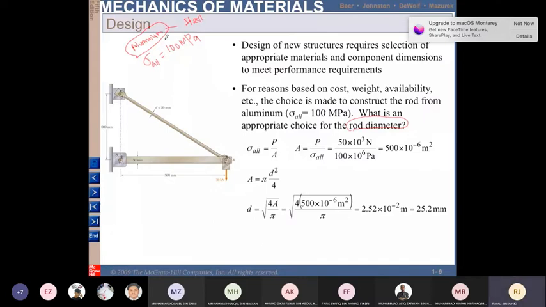When it is weaker, it will need a bigger diameter. That means the aluminium will require a bigger diameter.